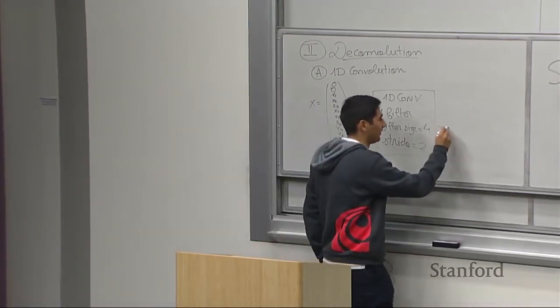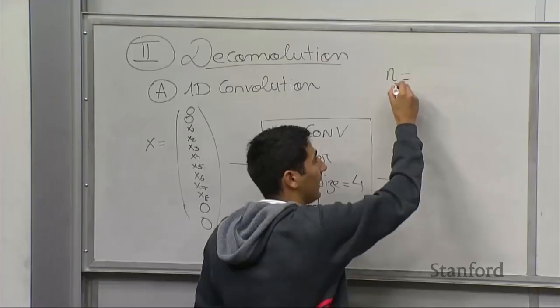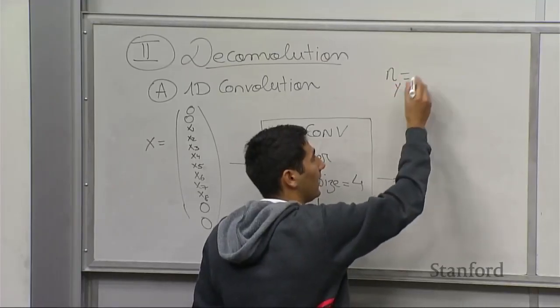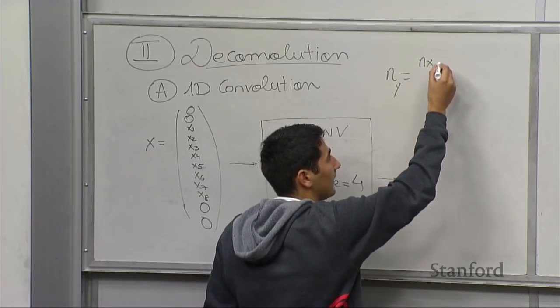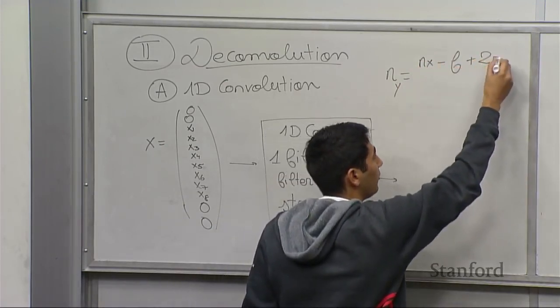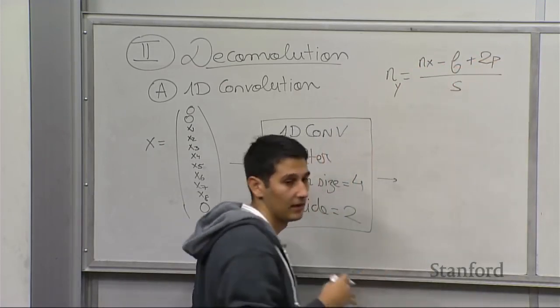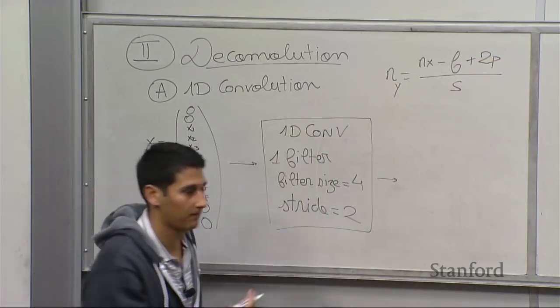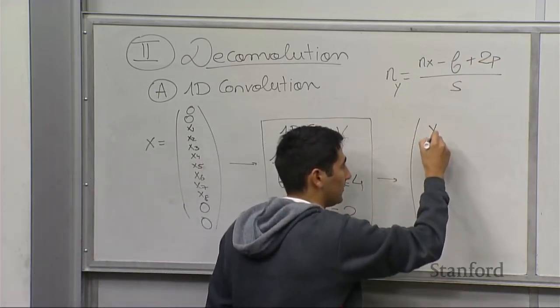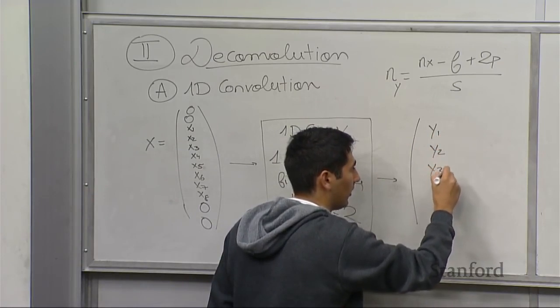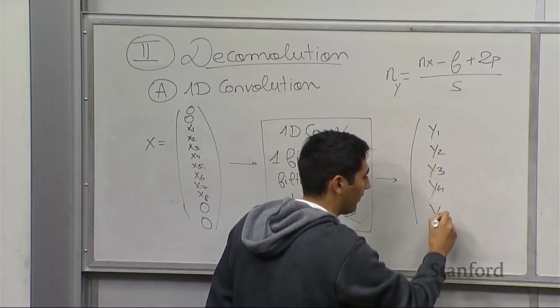So remember, you use ny equals (nx minus f plus 2p) divided by stride, plus 1, and you will get 5. So what I'm going to get is y1, y2, y3, y4, y5.